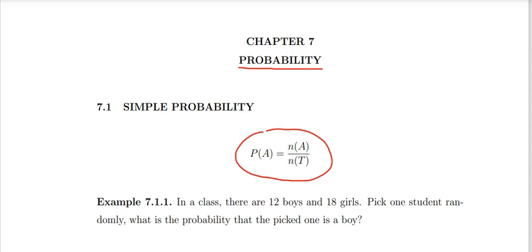So for example, in a box we have a $1 bill, and we also have a $10 bill, and a $100 bill. If we pick one randomly, what is the chance you can get $100?